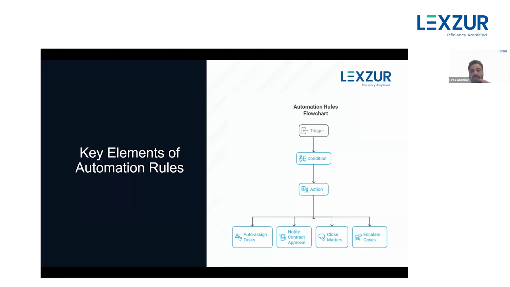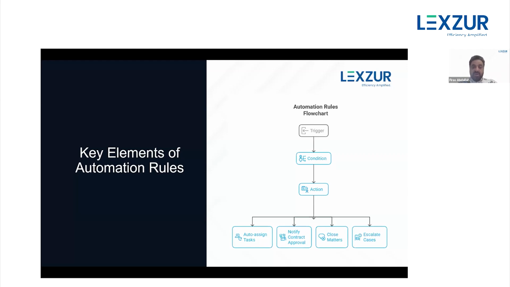So we need to combine these three building blocks of an automation rule, for example to auto-assign a new task to a responsible person, notify teams when a contract reaches approval stage, close matters after all related cases or tasks are resolved, or escalate cases if no activity is recorded within a set time frame.